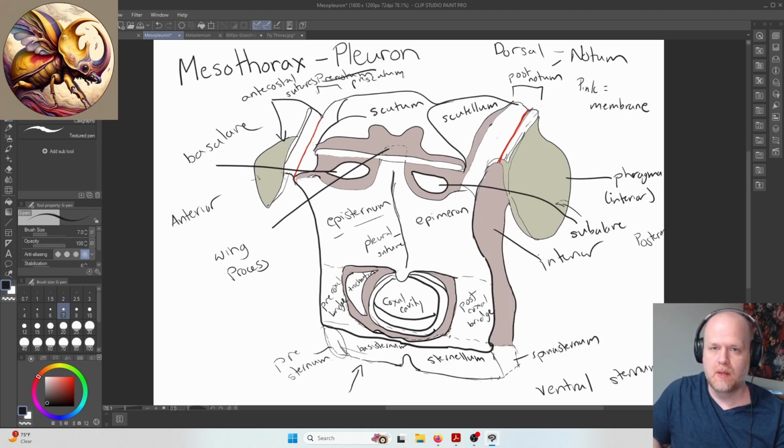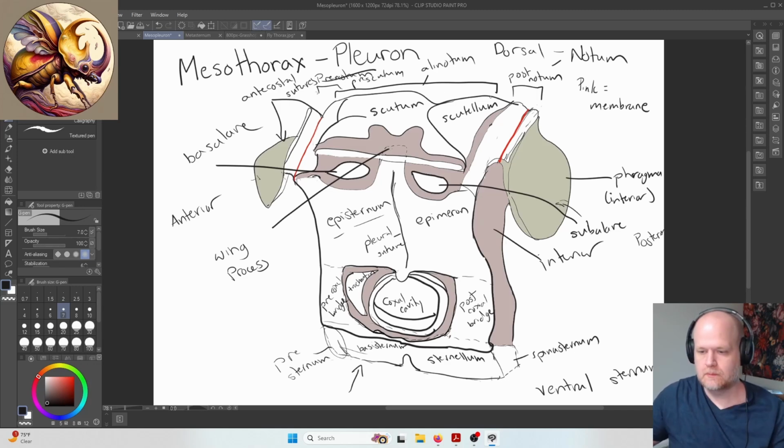The prescutum, the scutum, and the scutellum. This whole thing here is sometimes called the alinotum. And then it's contrasted with the postnotum. So, it's a lot, I know. That's the basic pleural view of the notum.